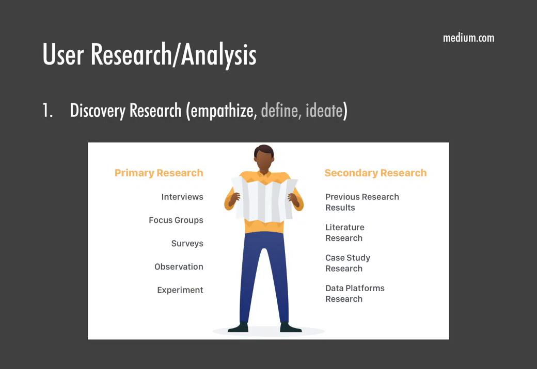Okay, discovery. There are actually two kinds of research in this first step of discovery research, and that is primary and secondary. By primary research, we mean organizing our own data collecting and processing it by ourselves.